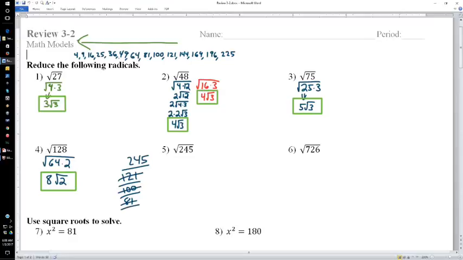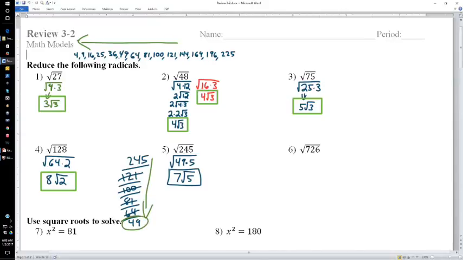Divide it by 64. That doesn't work. Divide by 49 and go, oh, 245 is 49 times 5. And the square root of 49 is 7, so 7 on the square root of 5. So yeah, every so often you're going to have to just work your way through it. And again, start big and go low until you find it.